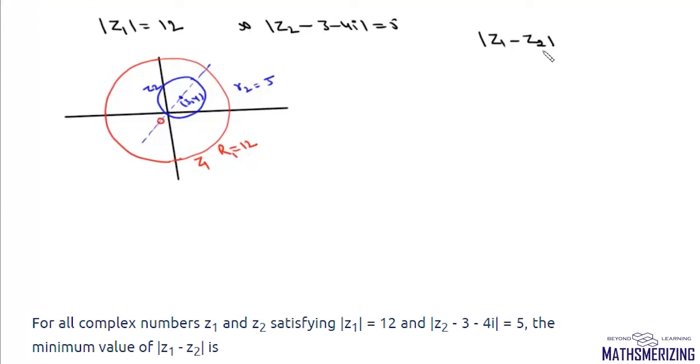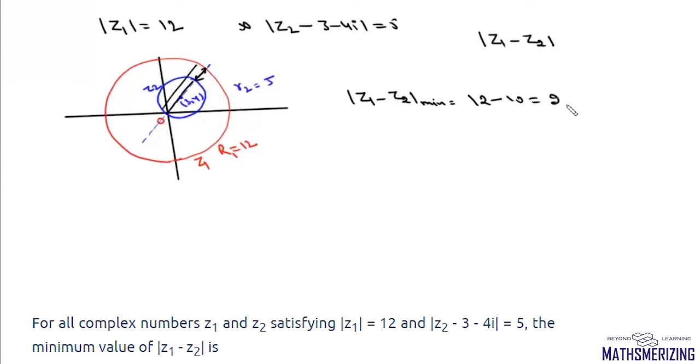Now mod z1 minus z2 is nothing but distance between z1 and z2. Now the minimum distance between z1 and z2 will be along the line joining their centers, and it will be this distance. So the value of mod z1 minus z2 minimum will be this entire distance, which is the radius of this larger circle 12 minus the diameter of this smaller circle, which is 10.